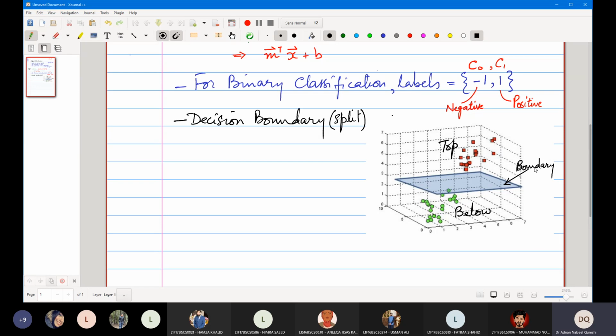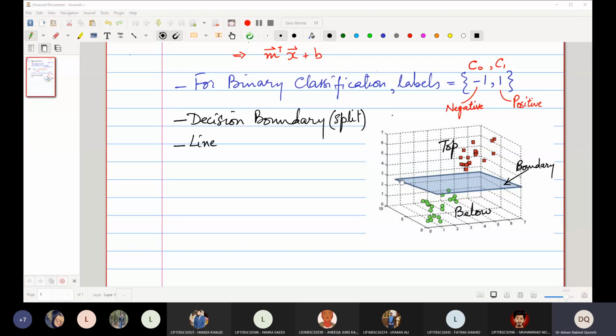Up till now, we have been using very simple classifiers, and we were mostly dealing with rectangles and circles. But here, the boundary can have different shapes. The important thing is if we have a line that separates one set of points from the others.